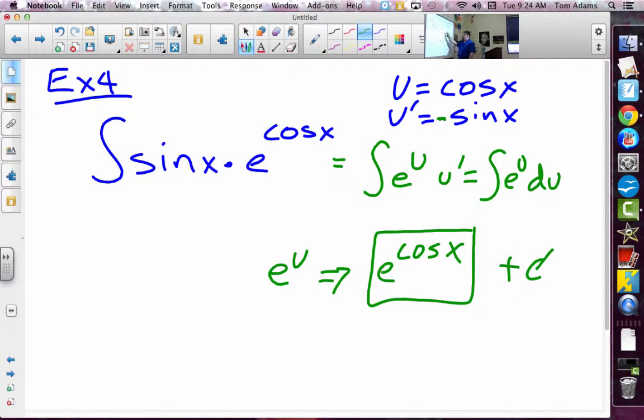So it's technically got a negative and I'm just going to toss it to the front, right? So technically I've got negative e to the u, and so we've got negative e to the cosine of x. I apologize, I forgot all about the negative sign. I got so excited that it worked out. Okay? Are there any questions there?